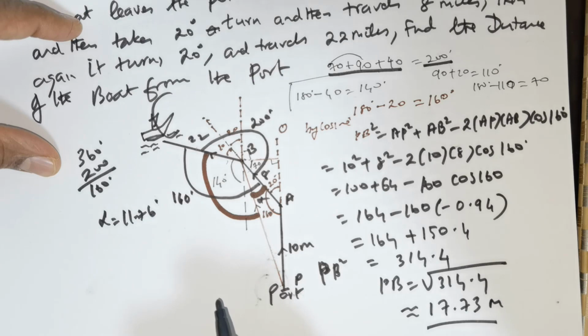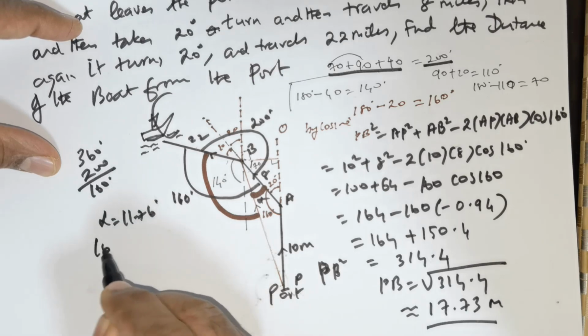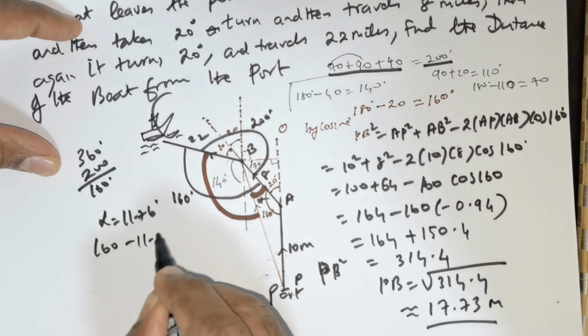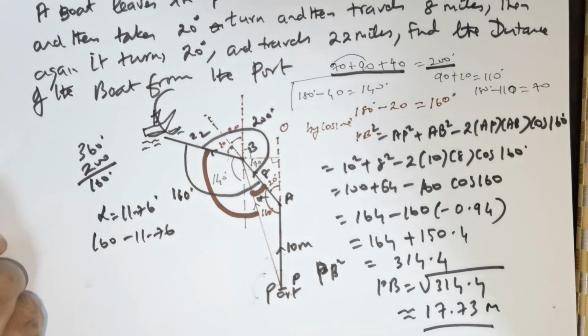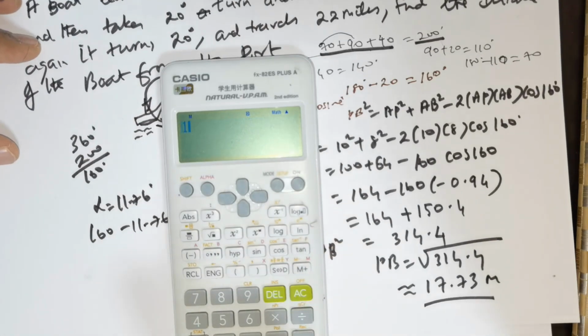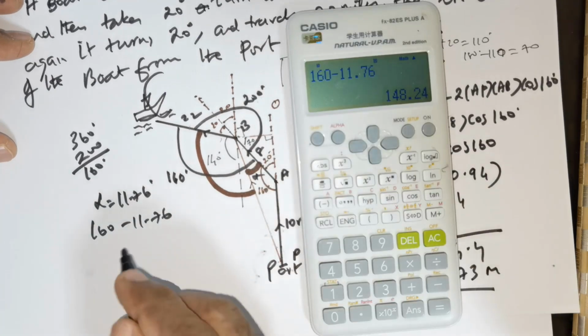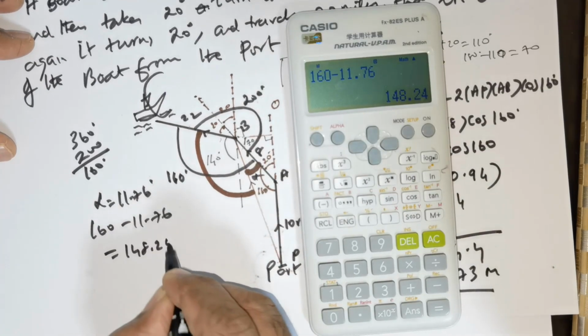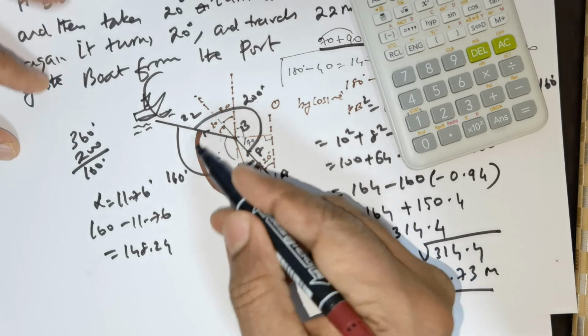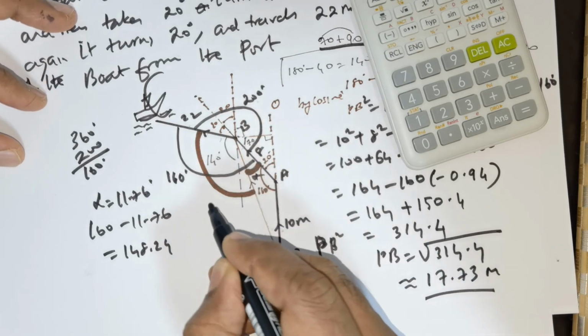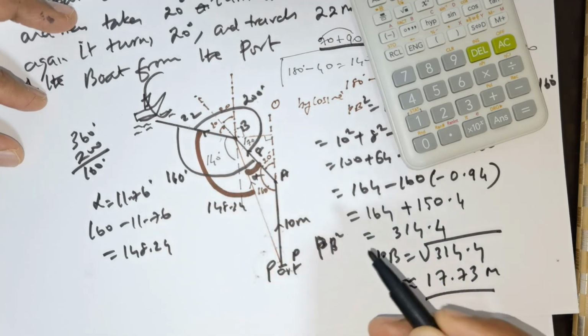So from 160, I subtract 11.76. So what is that going to give me? So 160 minus 11.76 is 148.24. So this is the angle 148.24.